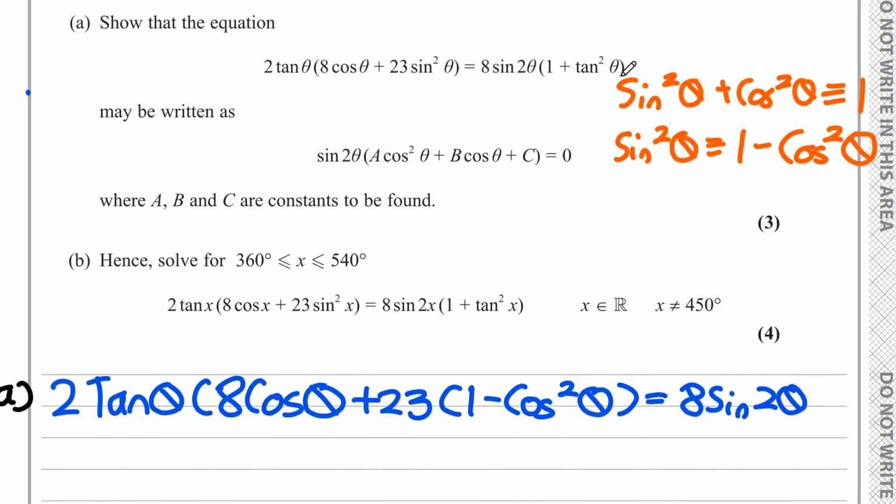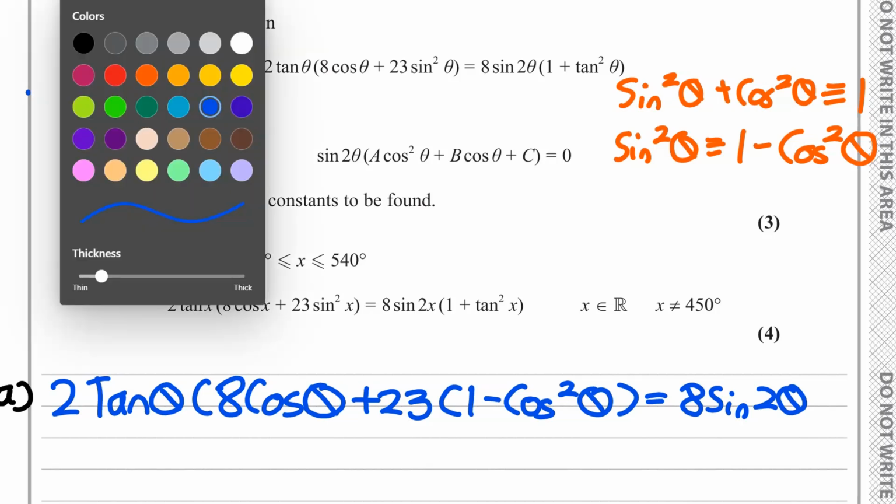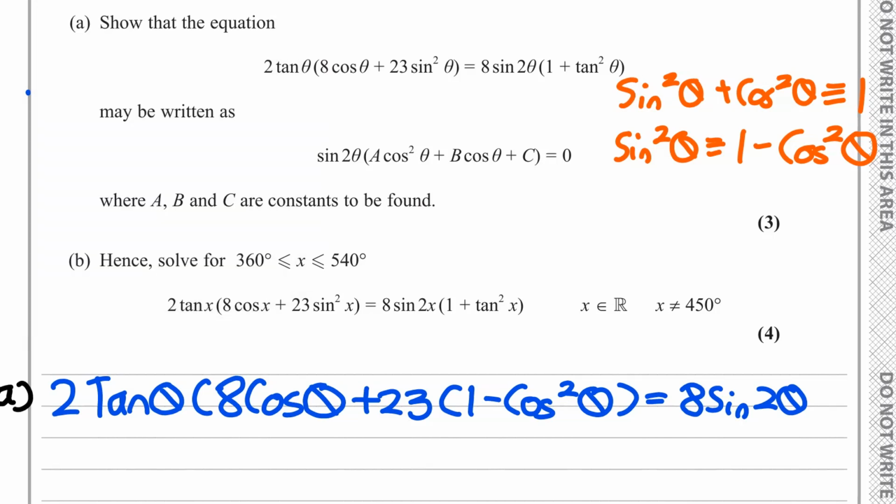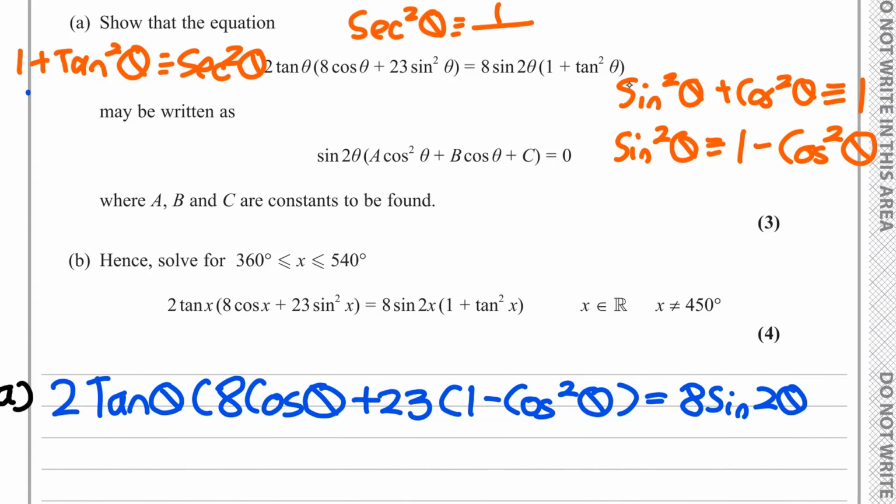and this is equal to 8 sin 2 theta. Now we have this 1 plus tan squared theta that we don't want in the final answer. We could use a trigonometric identity here: 1 plus tan squared theta is equivalent to sec squared theta. Now we don't want sec theta in the final answer either. However, remember that sec squared theta is equivalent to 1 over cos squared theta.